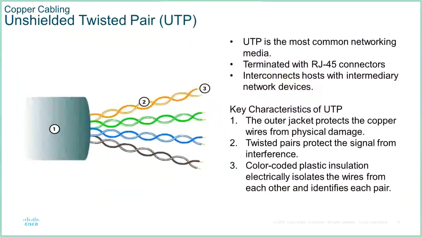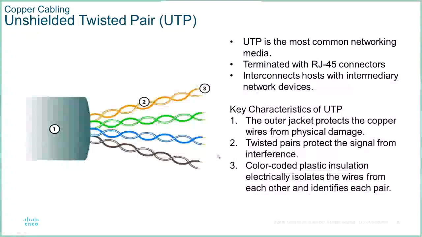So basically, what I just said, you've got your outer sheath, your individual twisted pairs, and we use an RJ45 connector on these devices to connect these cables to our devices, which is the large network cable plug that you've all seen and used on your home router.